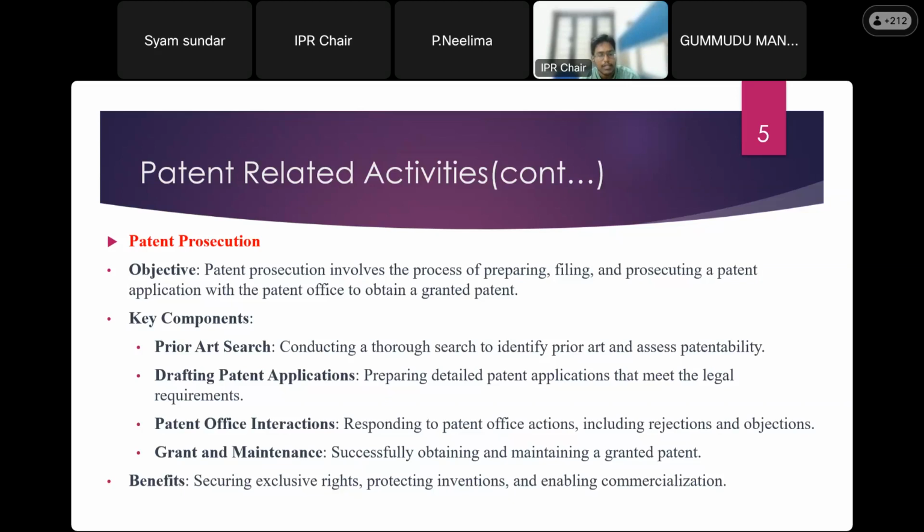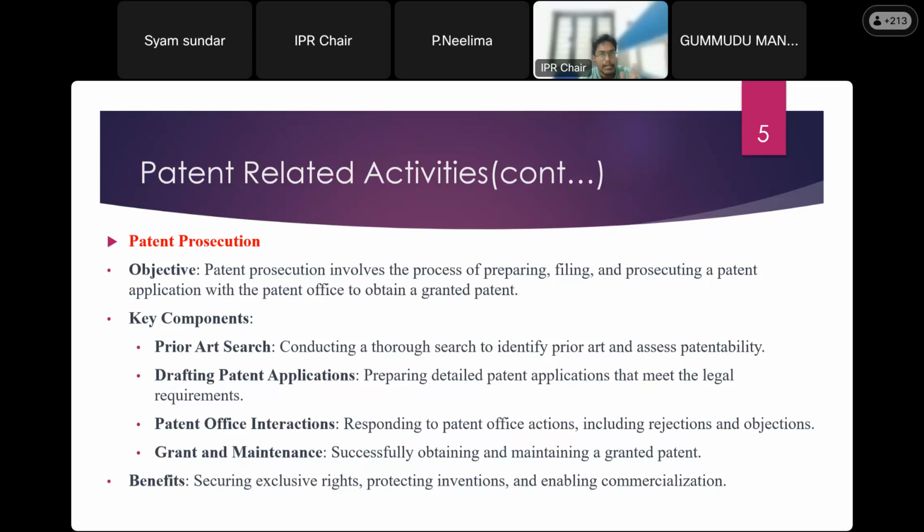I am an IP attorney, so we will take care of the claims part, but you need to understand what the claims are. So writing the claims and submitting them to the patent office, everything comes under patent prosecution. If you want to do patent prosecution, you need to be an IP attorney. You need to write the patent agent exam, that is the only way.